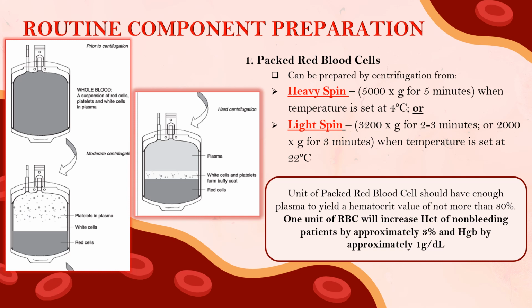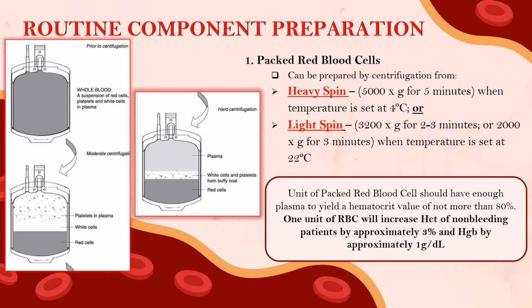From the previous slide, we have mentioned that the different centrifugation spin time and spin speed will yield different components. In this case, packed red blood cells can be prepared via two ways. Heavy spin, also termed hard spin, with 5,000 g for 5 minutes when temperature is set at 4 degrees Celsius.